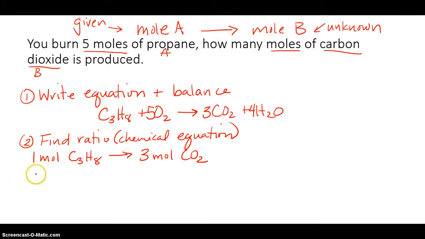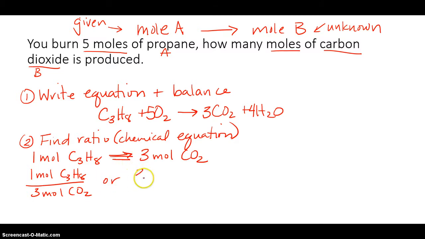And I'm going to make these into what I call ratio tiles. I simply place them into a fraction. So 1 mole of C3H8 over 3 moles of CO2. Because of these being equal, and I'll make that into an equal sign, I can place those into a fraction. I can also write it another way.